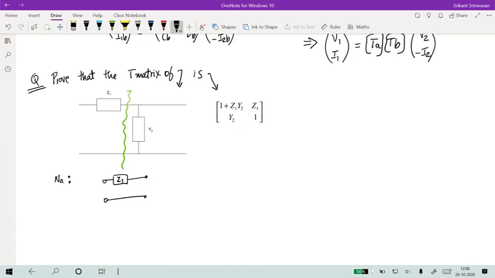This is Z1. And network B requires the transmission matrix of the parallel admittance. Remember, or notice that Z is the impedance and Y is admittance, so they have two different units. So here I have an admittance called Y2.